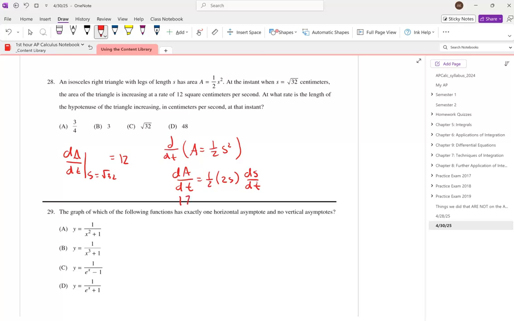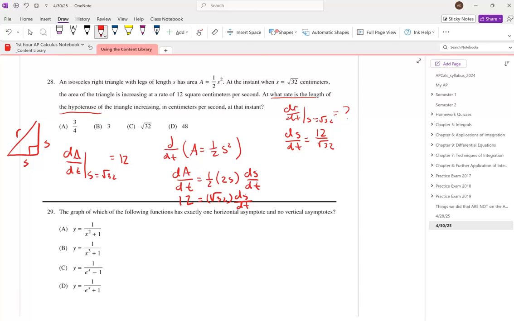With that equation, if I plug things in, I can solve for ds/dt. So it's asking us about dr/dt, again, when s is square root 32.